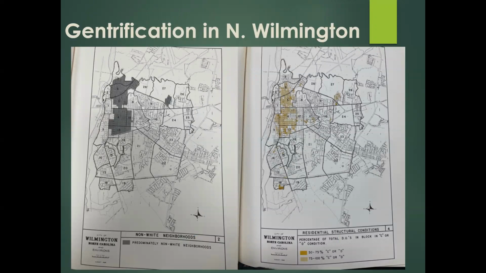Gentrification is a big term when we describe this, and this is present in Wilmington clearly. I don't know where this is specifically because I haven't learned the geography yet, but I'm guessing it's around 17th Street, right? We see this area where we have predominantly non-white neighborhoods. And look at what they're doing here. They're looking at the structural conditions, and this is where they want to buy out and put new, nicer homes.